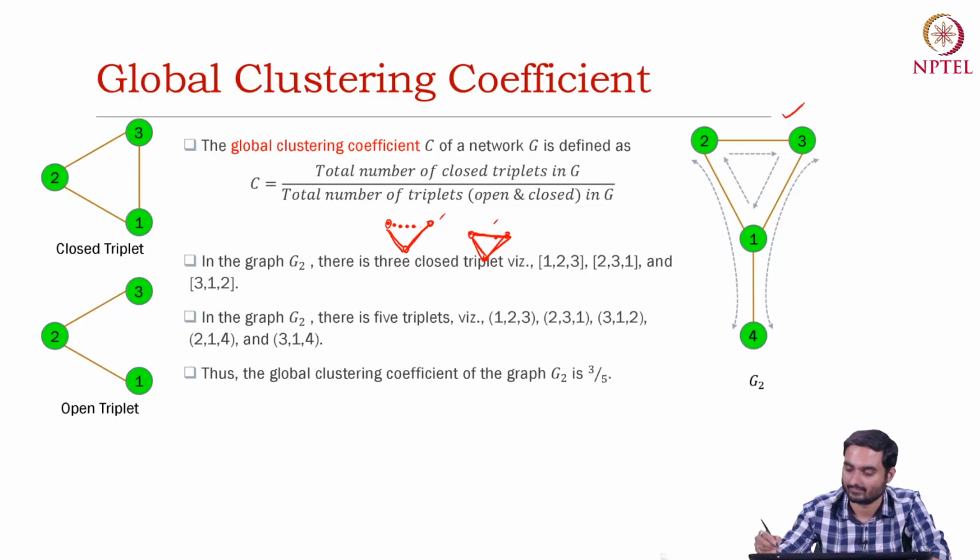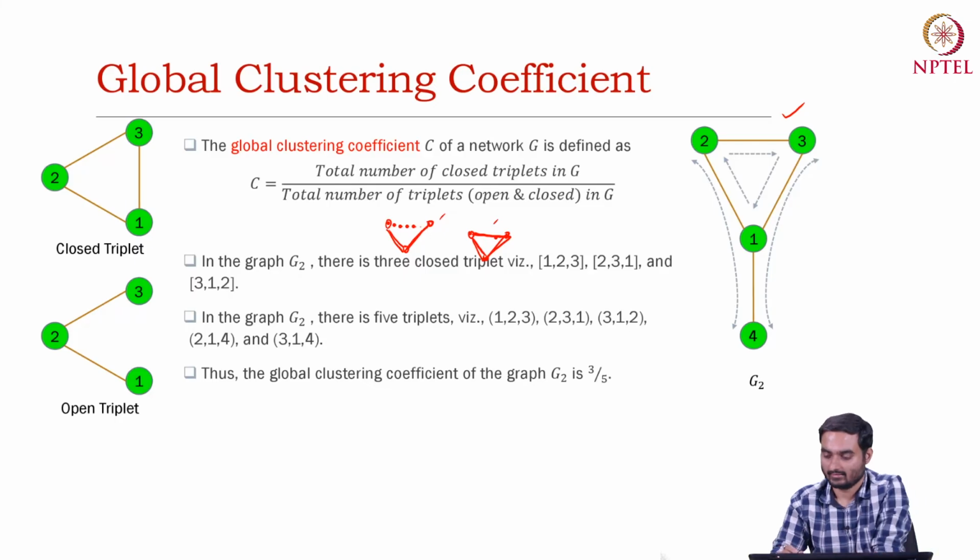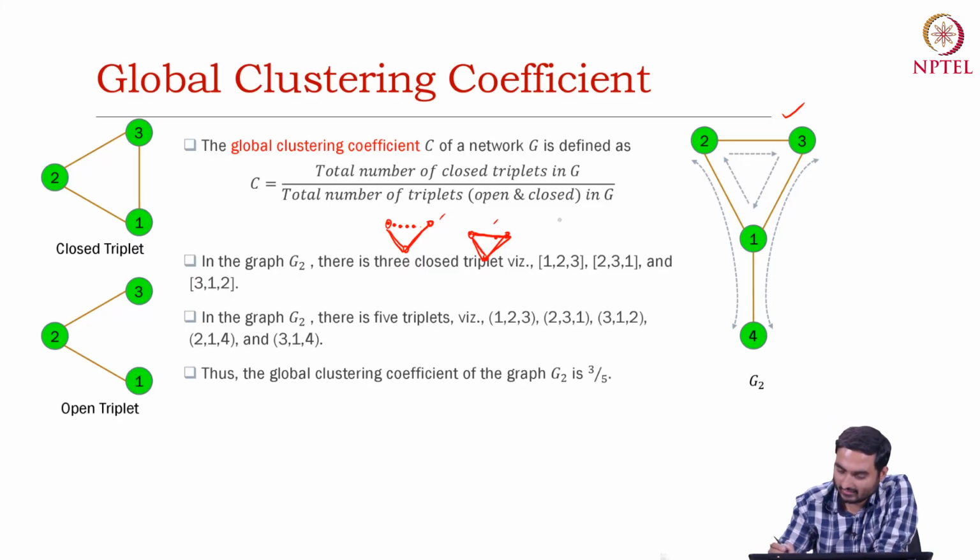Let's take an example. Let's take this graph. Here one triplet is 1, 2, 3. Of course, this is a closed triplet.